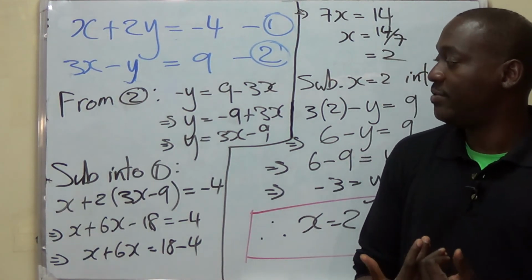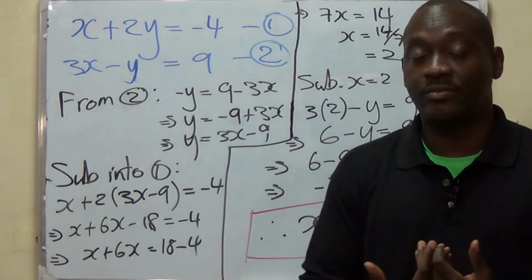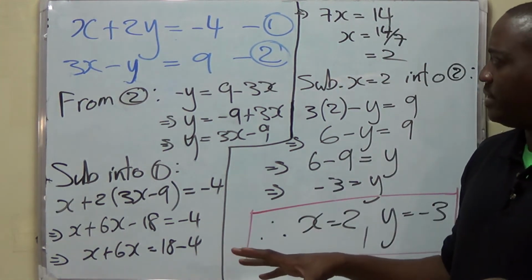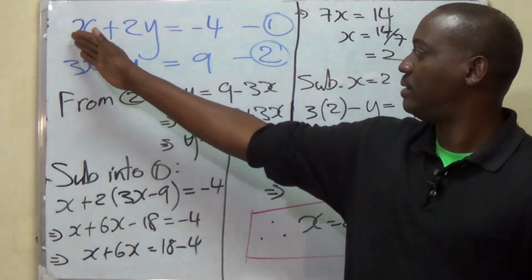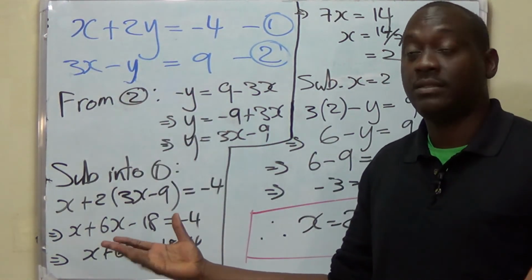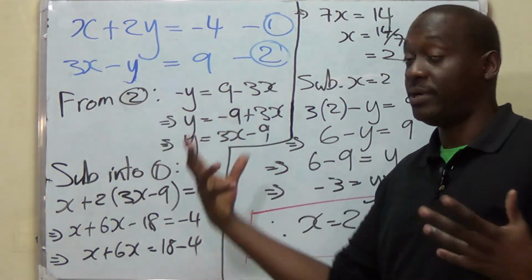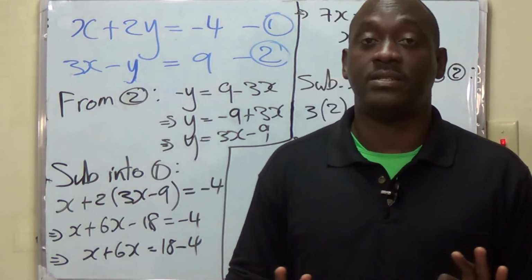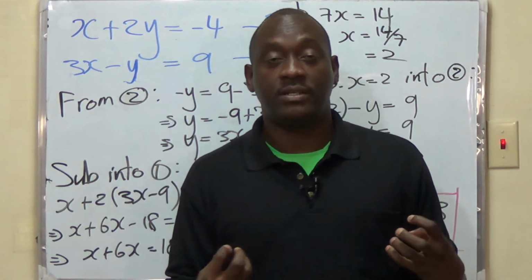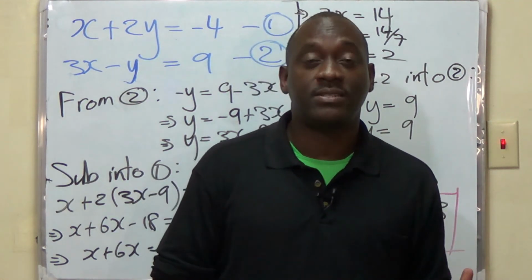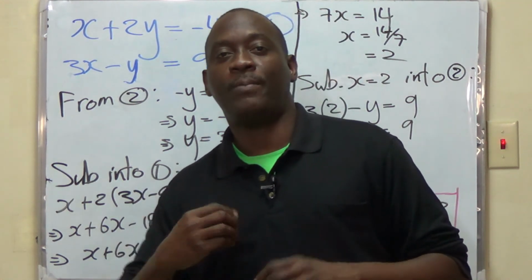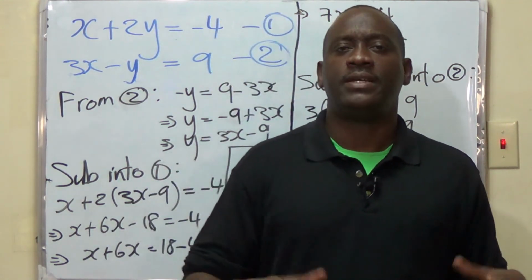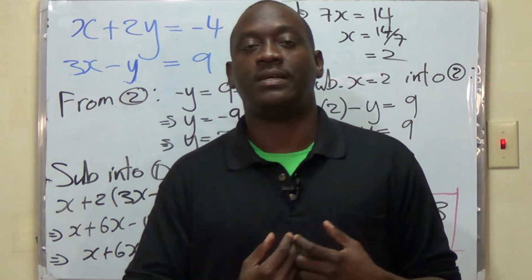Now, in video 1 and video 2, we dealt exclusively with the situation where you have a unitary coefficient. You have either 1x, or it could have been minus 1x, or minus 1y, or plus 1y. Alright? So anytime you have a pair of simultaneous equations where you have a single coefficient, either plus or minus 1x or plus or minus 1y, then straightforward substitution is the easiest method to apply.